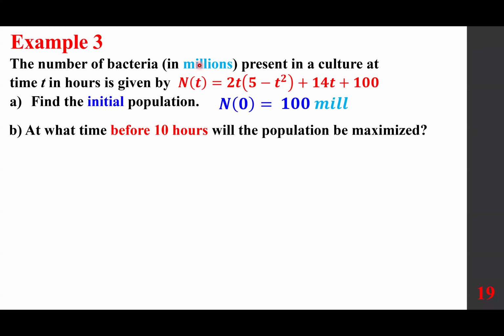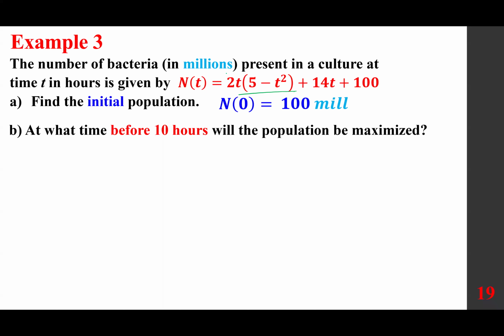At what time before 10 hours will the population be maximum? First of all, at what point before 10, that means negative infinity to 10. Because it's time, it's 0 to 10. And because it says right before, 0 is included with a bracket, 10 is not. And I'm going to simplify this.